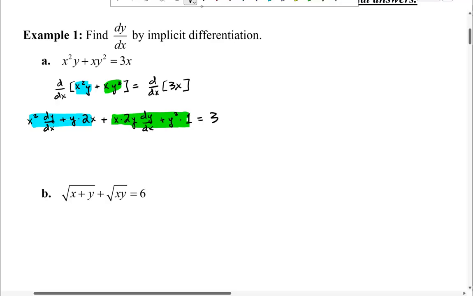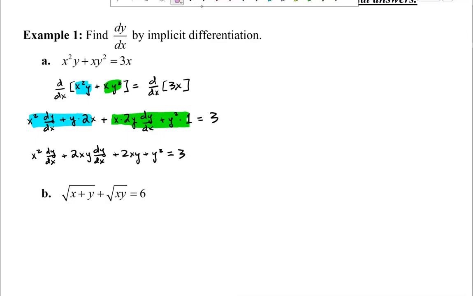So now that we've gotten to this point, our goal is to isolate dy/dx. We notice that we have a term involving dy/dx here and a term involving dy/dx there. So I'm going to put those next to each other. And we end up putting our terms without dy/dx back here. Now, our goal is to isolate dy/dx, so it really just becomes a bit of an algebra problem now. These terms will get subtracted to the other side of the equation.